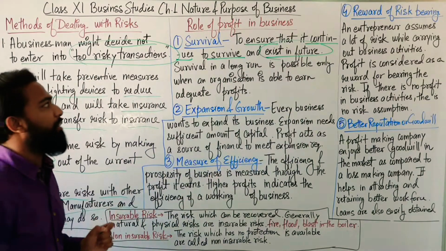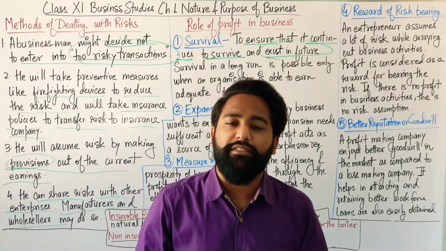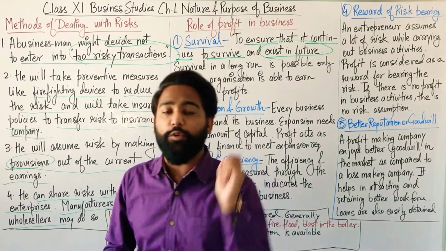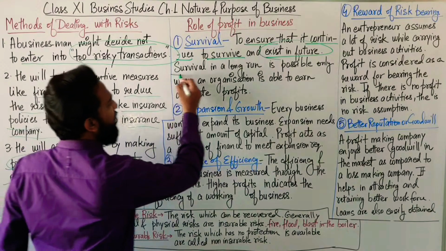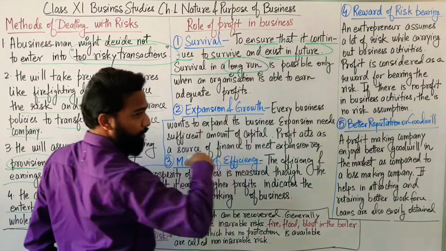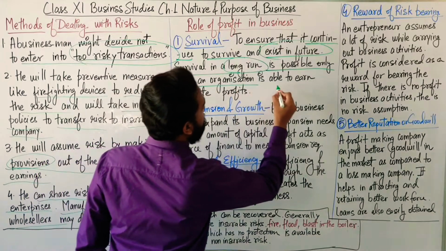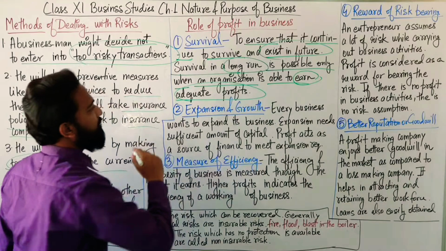The main motive for profit is that the business can survive. Our business, my industry, my firm has a future. It should exist in the future. Survival in the long run, for a longer period, is possible only when an organization is able to earn adequate profits.